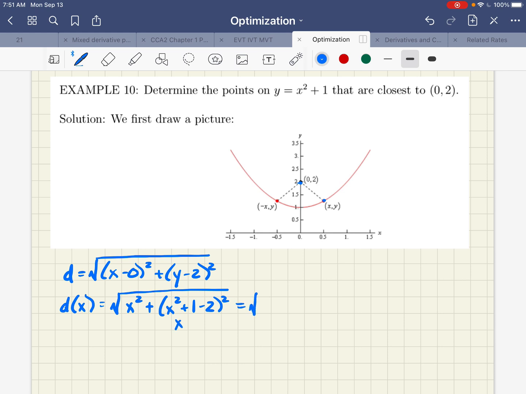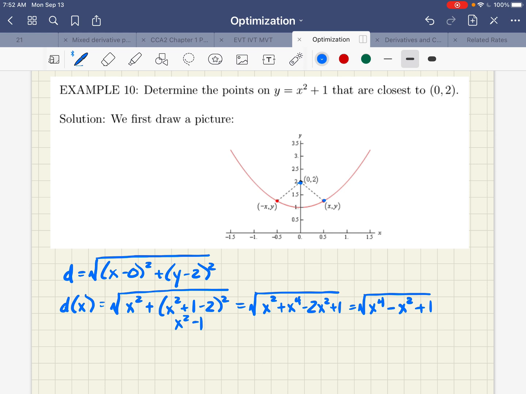So this would be x squared minus 1. If I square that, I get x to the 4th minus 2x squared plus 1, or square root of x to the 4th minus x squared plus 1. Okay, so I want to minimize that distance.